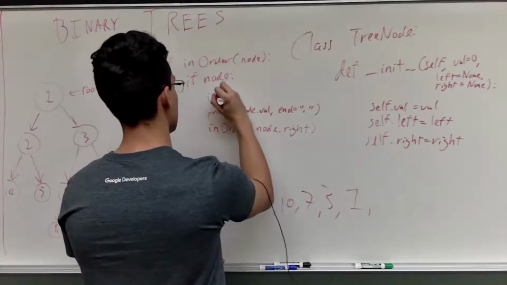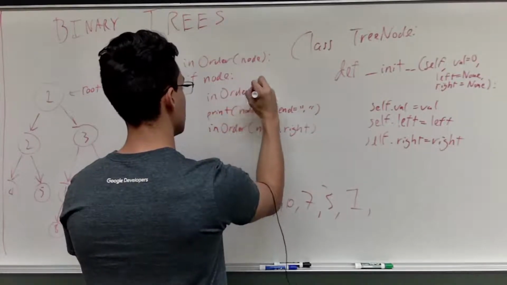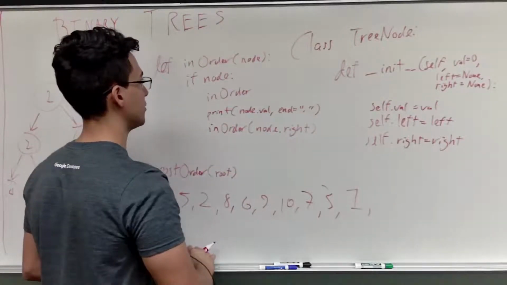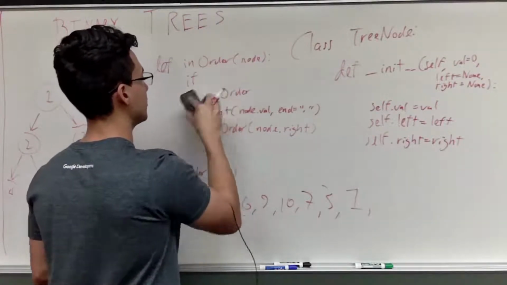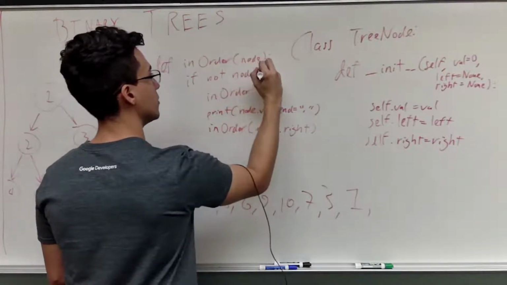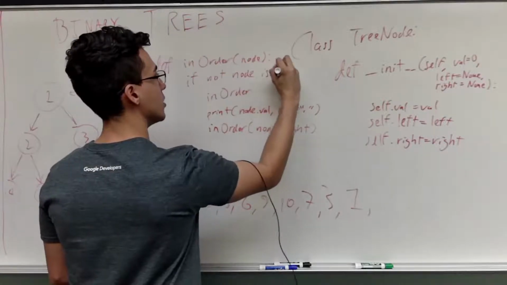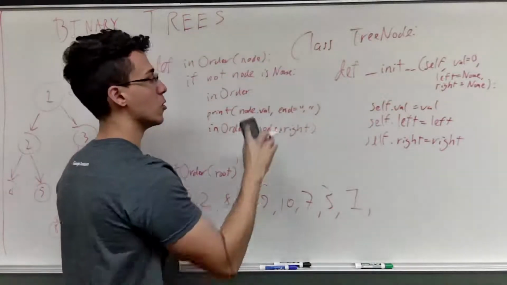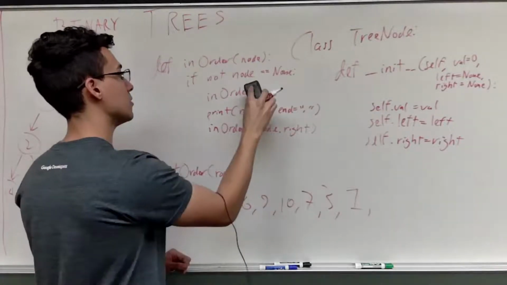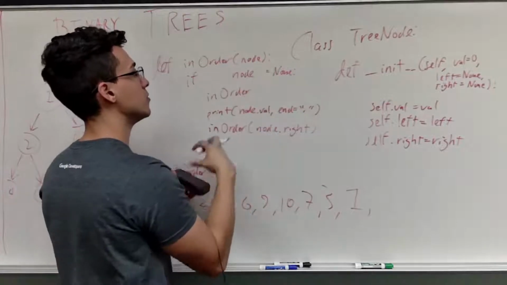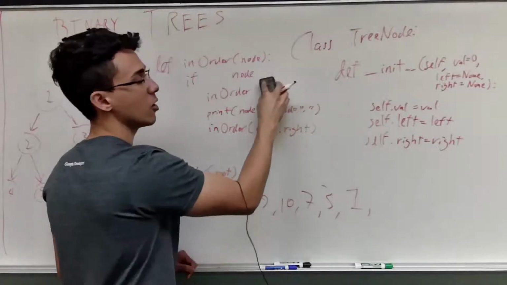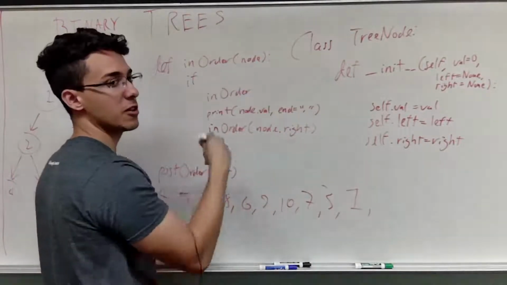For your if node, in Python, you're just verifying that the node is not None. You could put if not node is None, or equal, but at that point, if node is just checking all those things, so that's just a convention.